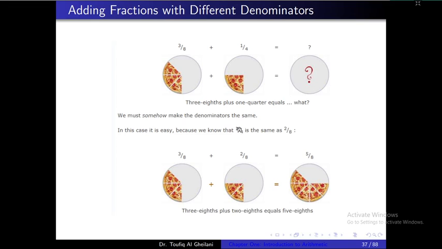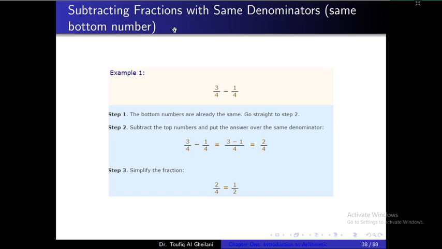So a quarter and 2 over 8 are equivalent. So we have 3 over 8 and the equivalent of the other one, 2 over 8. So we can now sum. The denominator is the same, 8, and then I sum the numerators. 3 plus 2 is 5, so it will be 5 over 8.